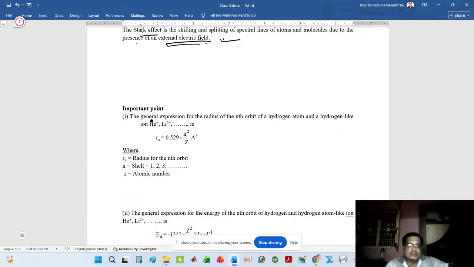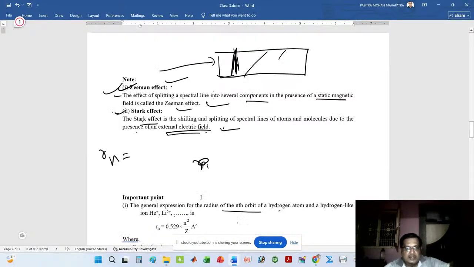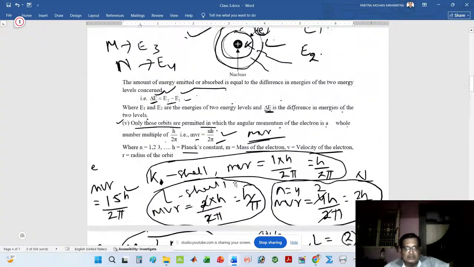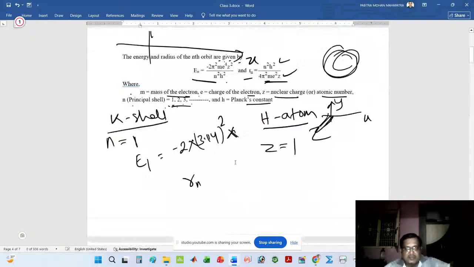Suppose a student wants to find the general expression for the radius of the nth orbit of a hydrogen atom and hydrogen-like ions, He+ and Li2+. What is the expression? We know the formula for Rn, which I have already given.